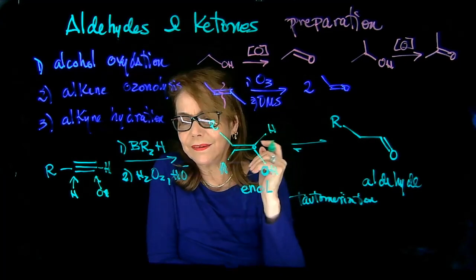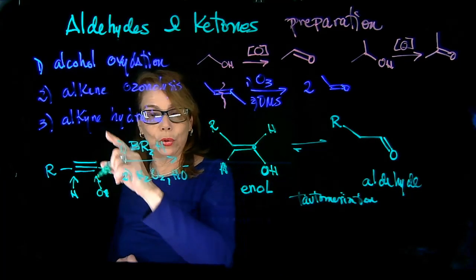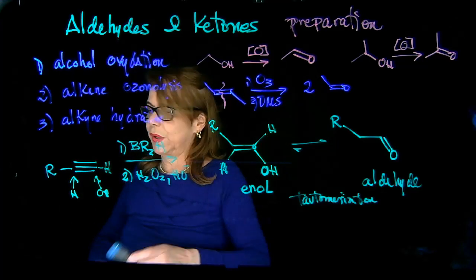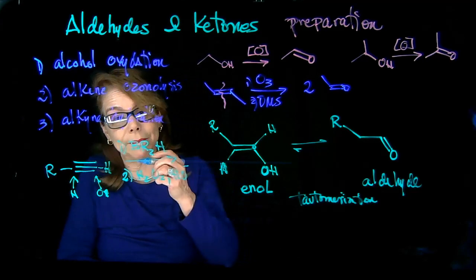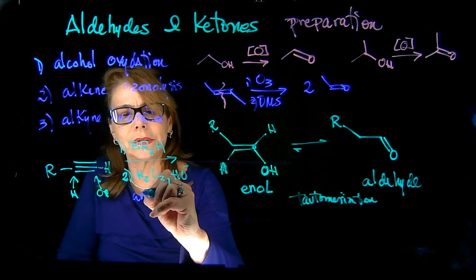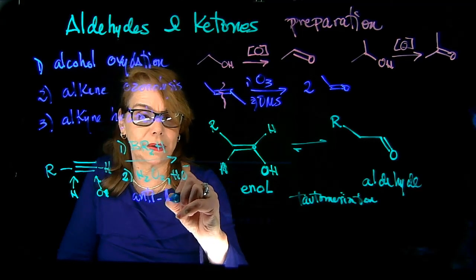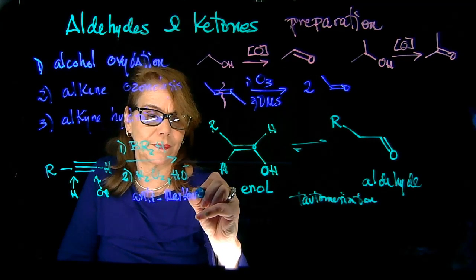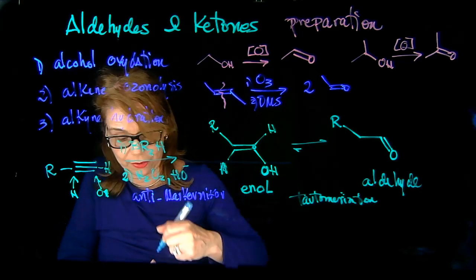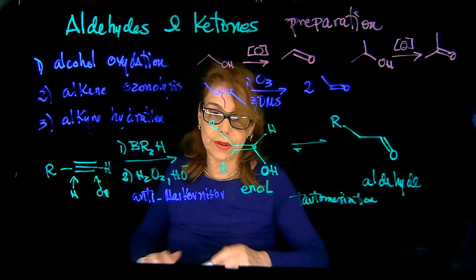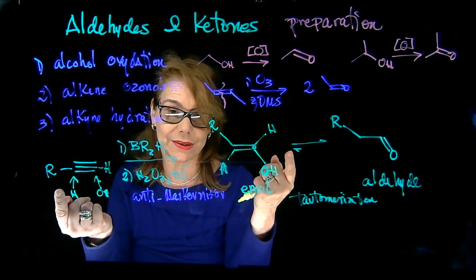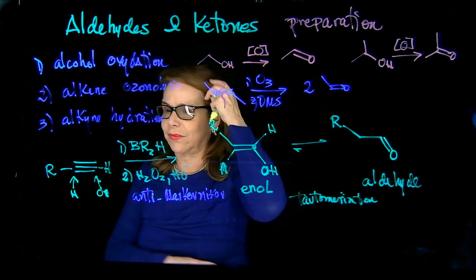Okay. And so let's do the terminal alkyne hydration, but with Markovnikov conditions. So this one here was anti-Markovnikov, with borane. And now I'm going to do something similar. I'm going to do a hydration. Notice that when you're adding OH and H, it is a hydration. You're adding water to the triple bond.